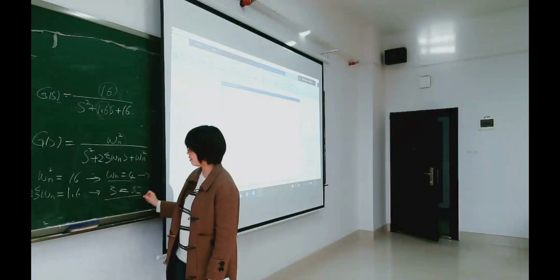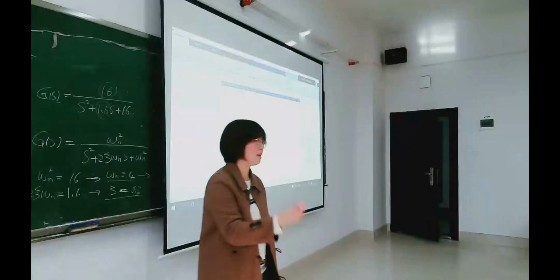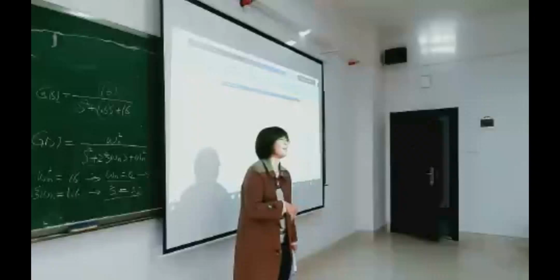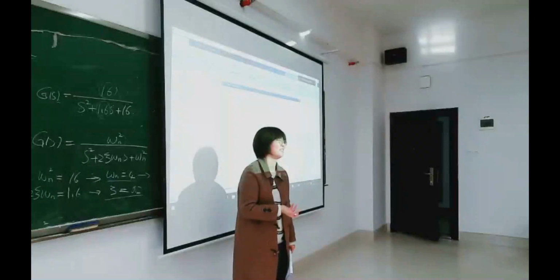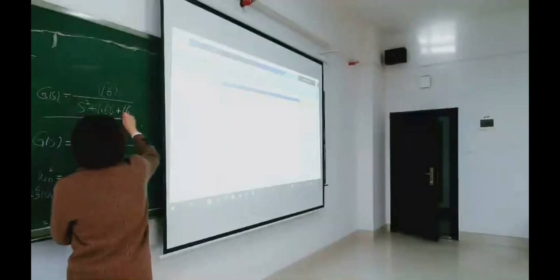Then we can get zeta, right? We do it by hand, by math. Then there is actually a code in Matlab to do this process. So how to? First, of course, we need to type in the transfer function into Matlab, right? Then how to?